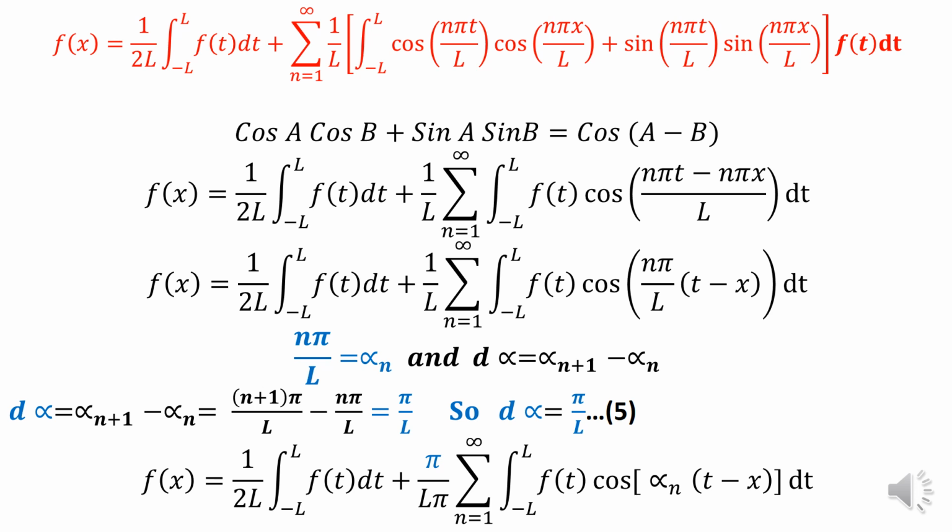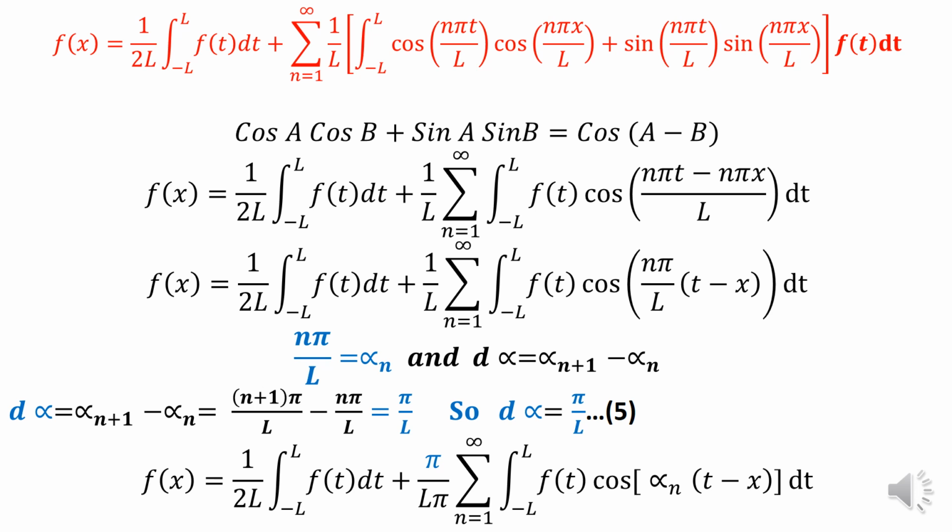Now we can take n pi/l common, so t - x will be there, other part will be same. Because n pi/l is there, I have deliberately taken it out so that I can write it as alpha, a constant quantity, and I have to find the value of delta alpha, that will be alpha(n+1) - alpha(n).